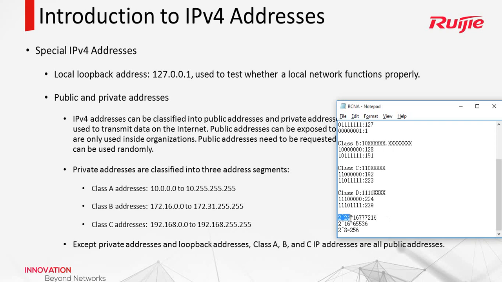So 2 to the power of 24, it has so many IP addresses for hosts. And a Class B address has so many IP addresses for hosts. Then Class C has about 200 IP addresses for hosts. So next time you can calculate how many IP addresses you need. Then you can choose which kind of IP address to use.